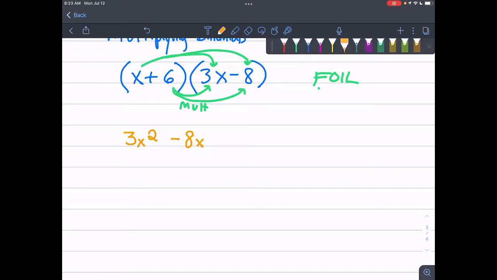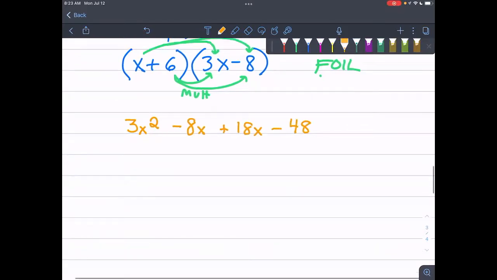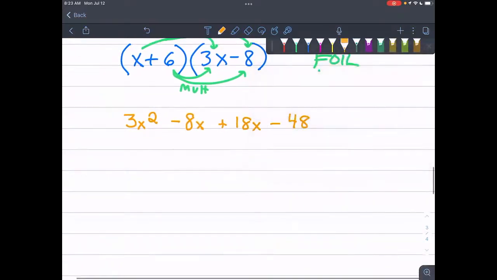And then we're doing the inside one, the 6 and the 3x, 18x, multiplying. Then we're doing the 6 times the negative 8, negative 48.